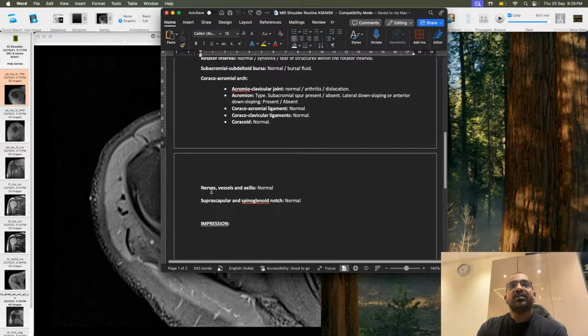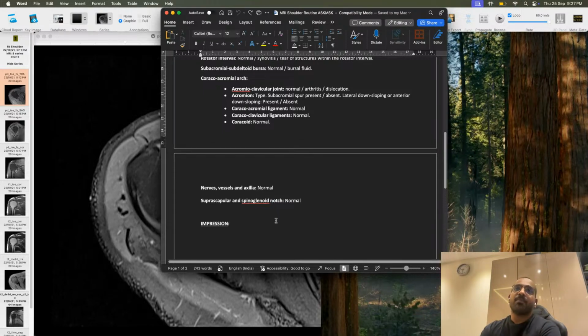And nerves, vessels, axilla, whether it's normal or not. Sometimes we have axillary lymph node enlargement, and some part of the brachial plexus can be seen in the shoulder. We need to mention if there is any pathology, hyperintense signal, or perineural inflammation.